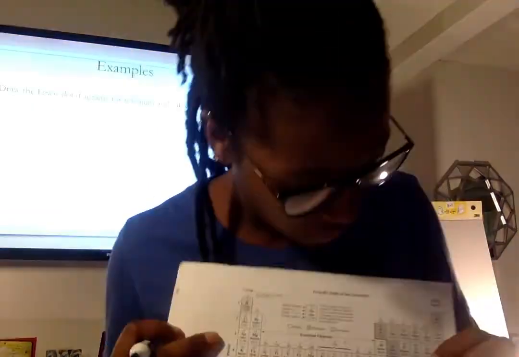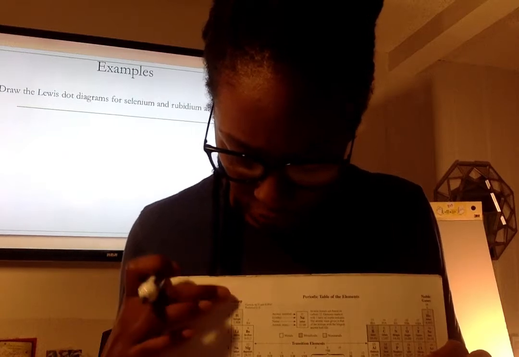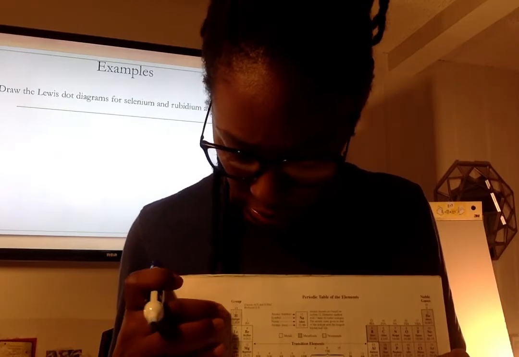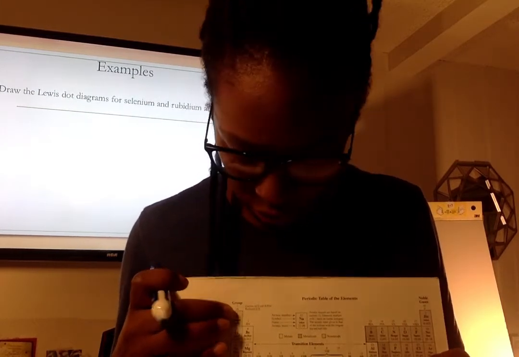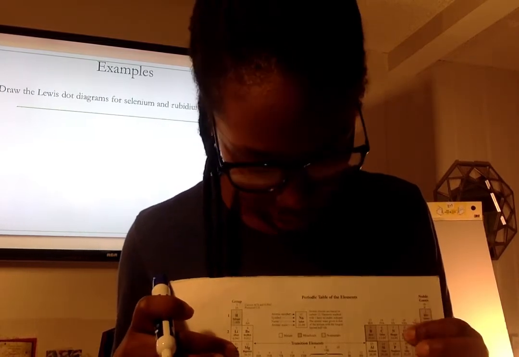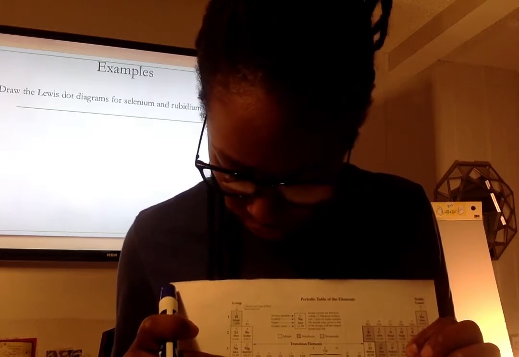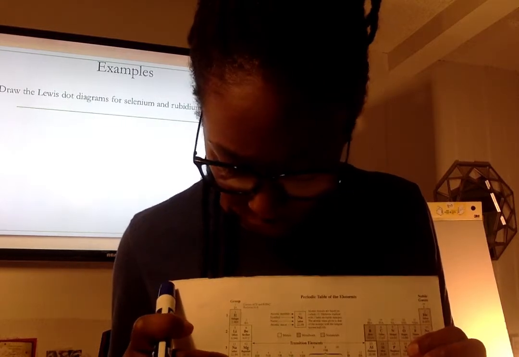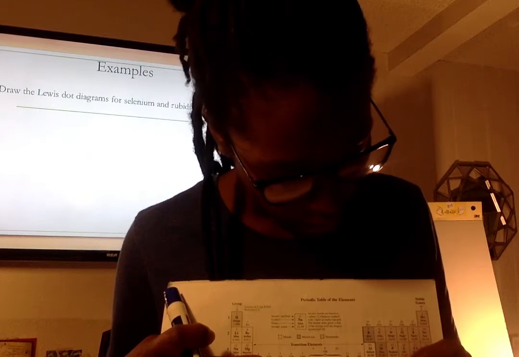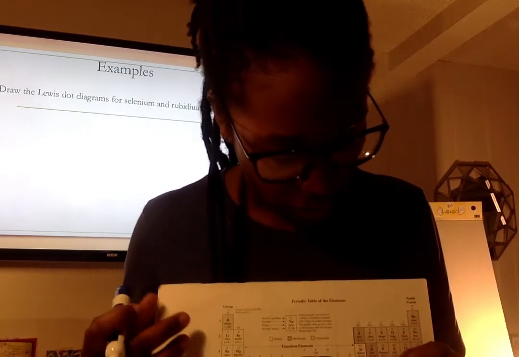So if we have 1s2, 2s2, 2p6, 3s2, 3p6, 4s2, 3d10, and 4p, 1, 2, 3, 4. 4p4.